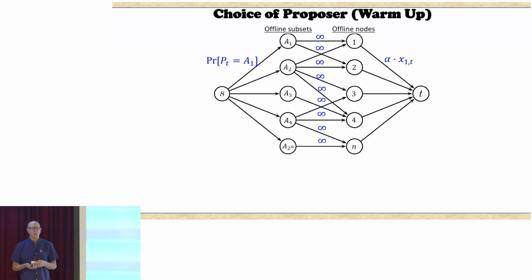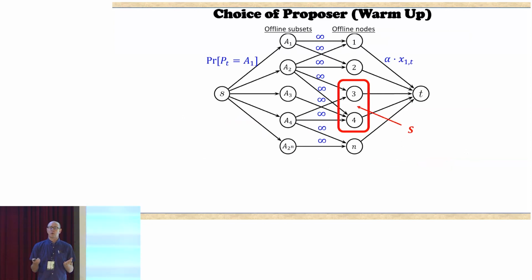And basically what we need to do is provide a formula, a way of computing the conditional probabilities on all possible choices of the set P_t. So we construct a flow network. On the left-hand side, we have all possible choices of offline subsets.